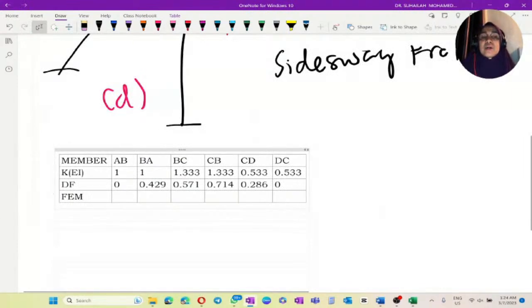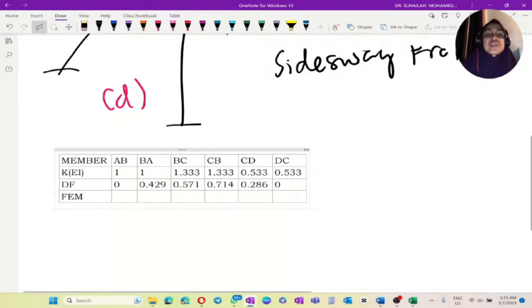But now we are not given any fixed end moment that we can calculate; what we have is joint moment. If we have FEM, we have to change it to joint moment. The joint moment we distribute. Now, there is no FEM, but we have joint moment, so we have to distribute joint moment.